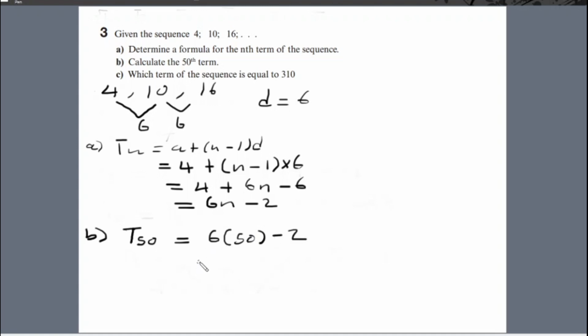And then you can punch this in your calculator, say 6 times 50 minus 2 is 298, right? So 298 is term number 50.